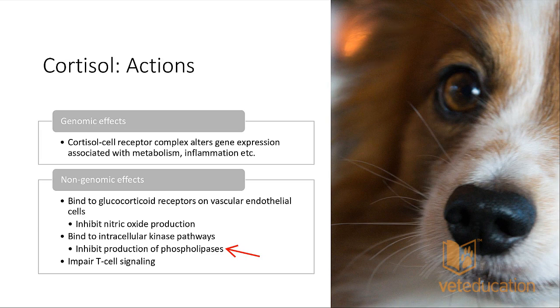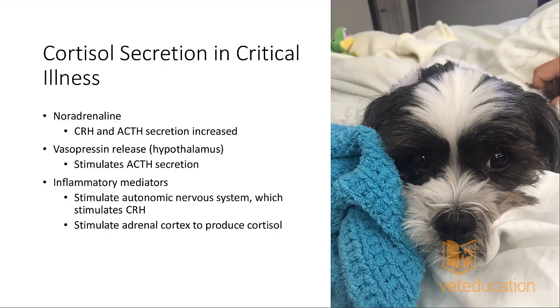So these phospholipases cause massive cell damage when they get activated. So corticosteroids within the cells actually inhibit production of phospholipases. They also impair T lymphocyte cell signaling as well, and so they can dampen the inflammatory response a little bit. So that's what happens in normal patients.